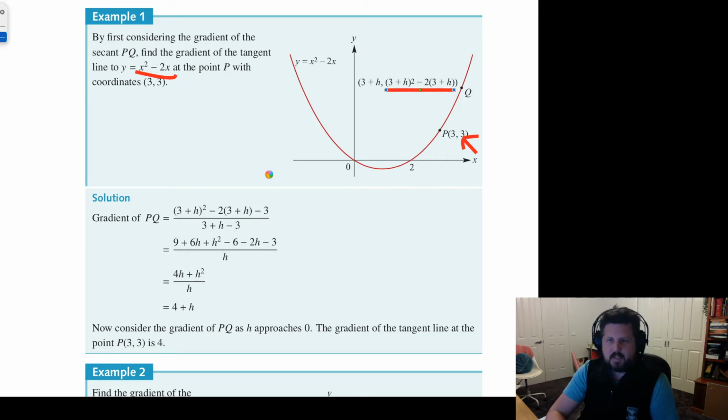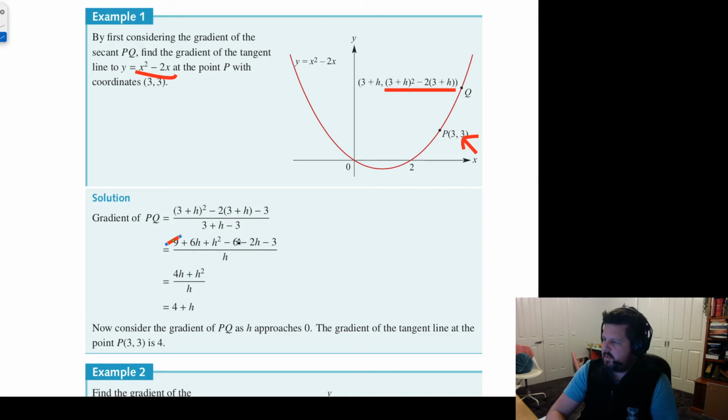From here, it is a matter of simplifying things down. So we expanded out 3 plus h squared. We've also expanded out negative 2 times 3 plus h. So we've got rid of all the brackets on the top line there. From here, it's a matter of grouping like terms and simplifying things down. You've got 9 here.